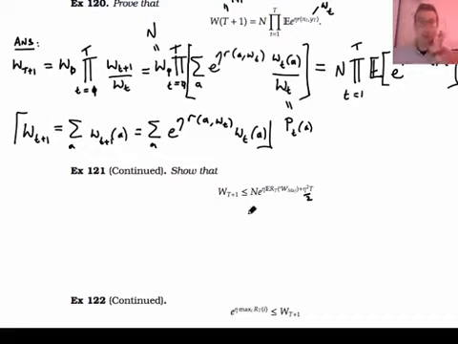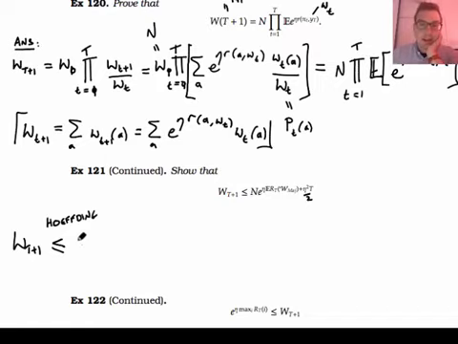So let's do that. Here, for each of these, I can apply Hoeffding's inequality, which essentially means I can move that expectation from outside the e to inside the exponential. So I'm going to apply Hoeffding. Move the expectation inside.